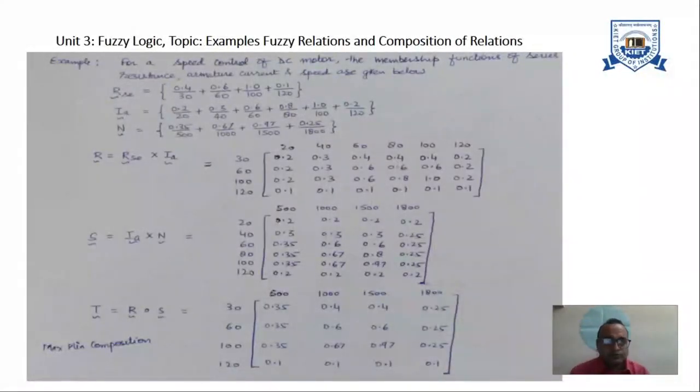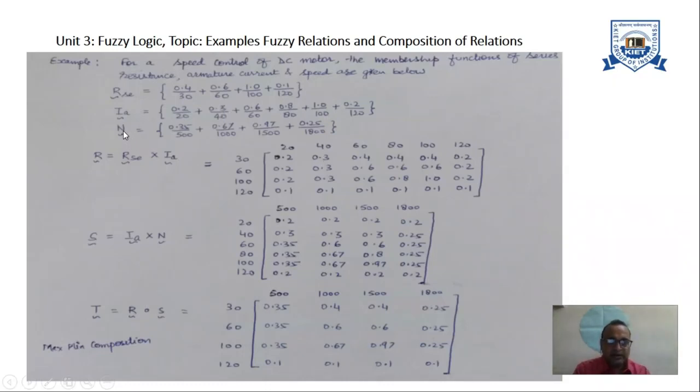And the fuzzy set I_A is related to the armature current. It is given that for 20 ampere the membership value is 0.2, for 40 ampere the membership value is 0.3, and similarly like that.